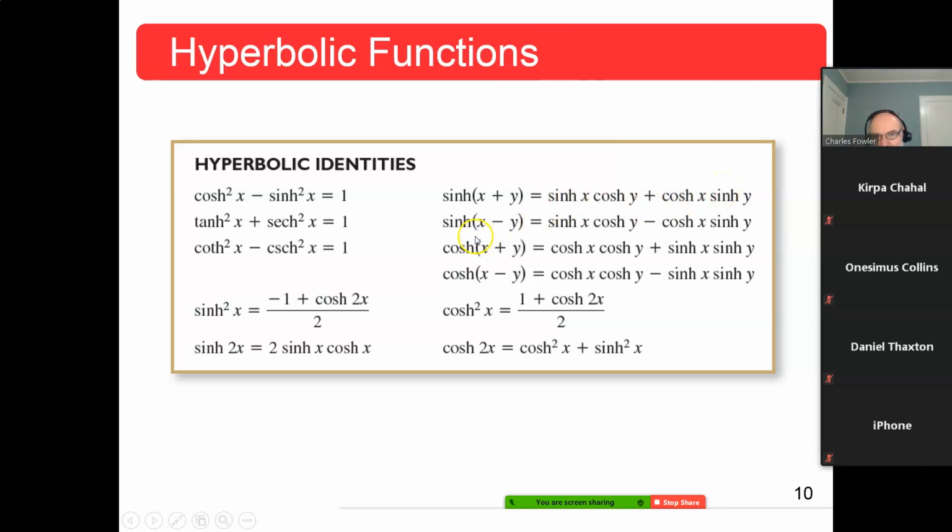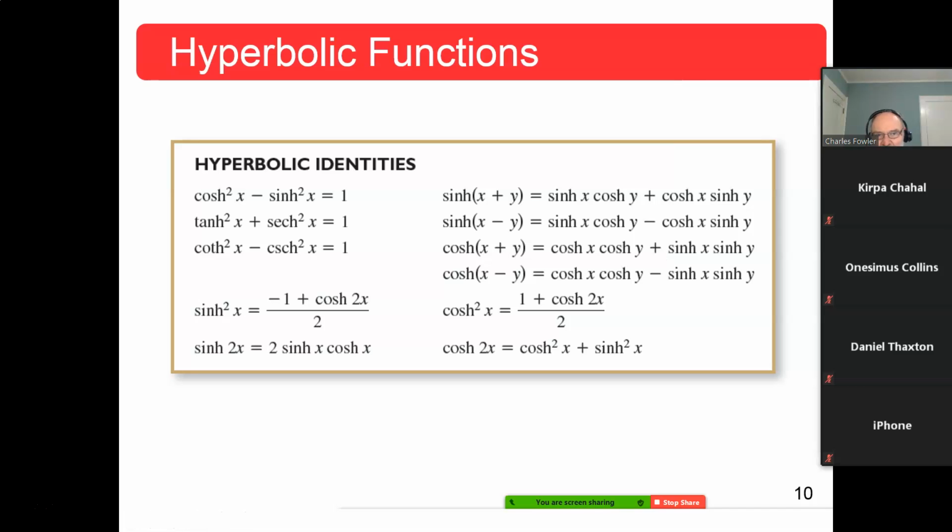And then the hyperbolic sine of the difference of two arguments. These are not angles, by the way, anymore. That's another big difference. These are just numbers. Okay, that's very similar. In fact, the same. Everything is the same pattern there. But then when you do hyperbolic cosine of the sum, that gives you a sum here, not a difference.